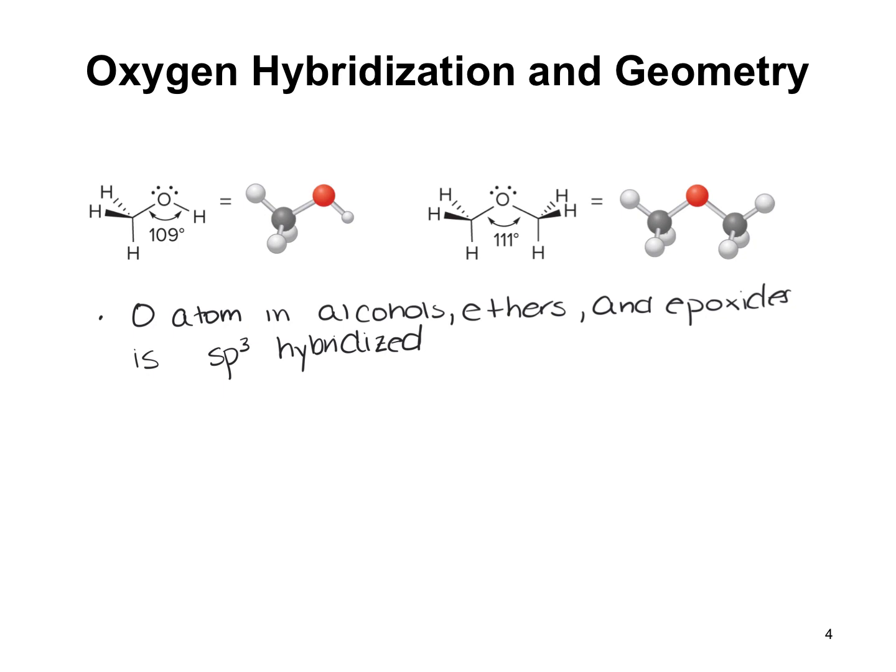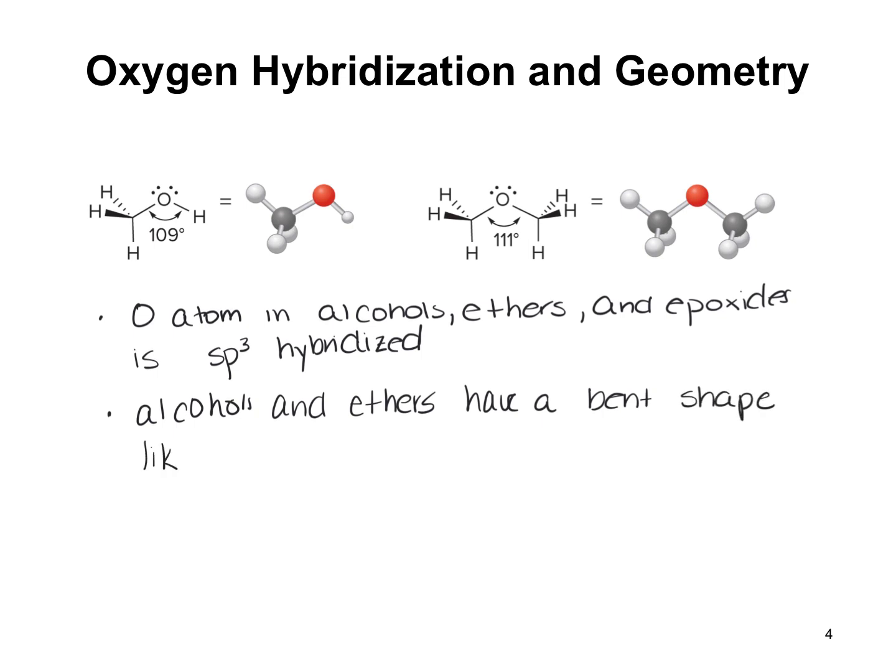Okay, now alcohols and ethers have a bent shape, like H2O does, right? So when we talk about H2O, that oxygen in H2O has a bent shape, and that's what we see with alcohols and ethers as well.